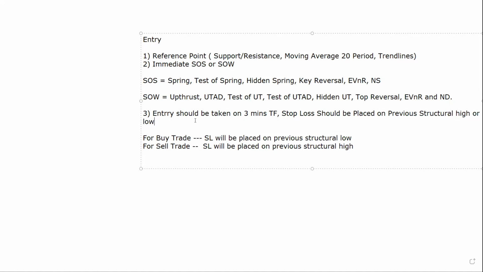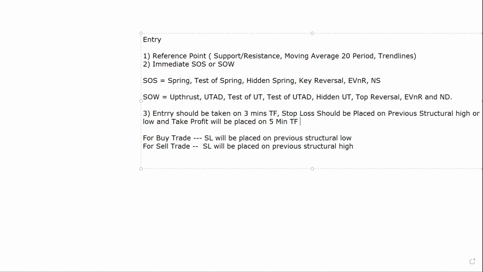Okay, and the third point would be, take profit will be placed on the five minutes time frame.